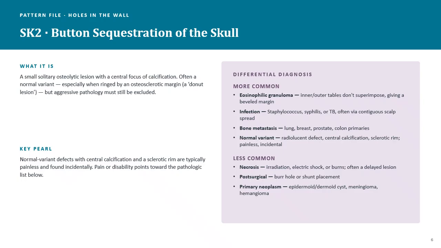Usually it has a dense center like a button or a donut. Again, we will not assume that it is benign or not, because we're not making the diagnosis, but there has to be some sort of clinical history that also comes with this presentation.